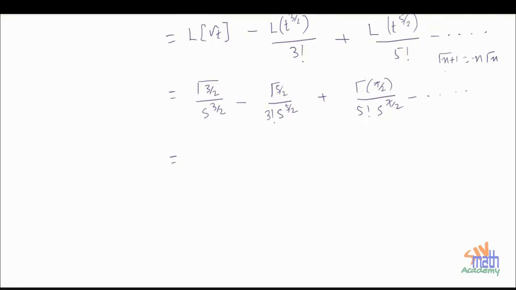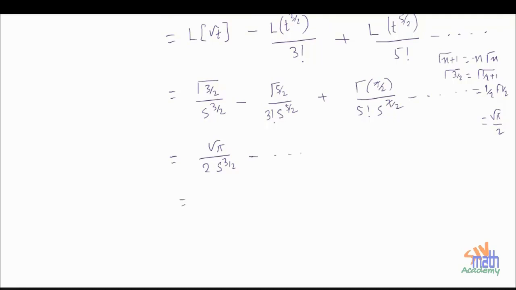So gamma 3 by 2 can be written as gamma half plus 1, that is half gamma half, which is coming out to be root pi by 2. Gamma half is root pi, so root pi upon 2, correct? So this value will be root pi upon 2 times s power 3 by 2, correct? Minus, similarly you can expand this and you'll get an expression of this format.